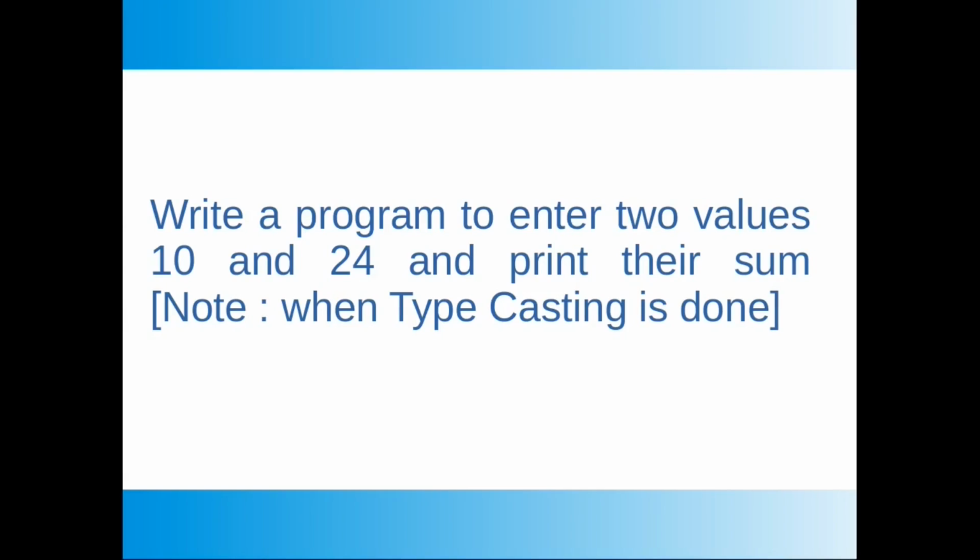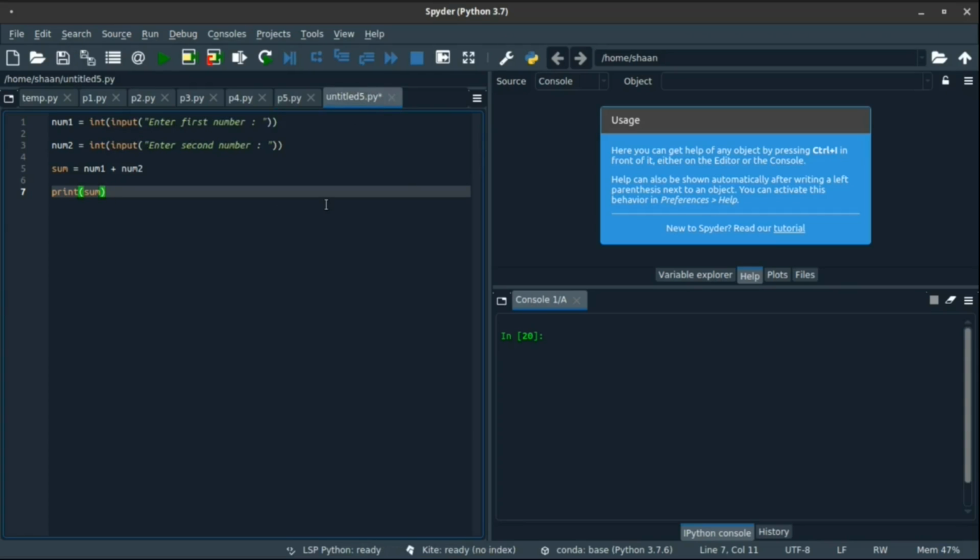So here we have rewritten our previous program. Now observe the changes in the two. Here is the current program and here is your previous program. As you can see, in our current program we used the int function to convert our input to integer type.